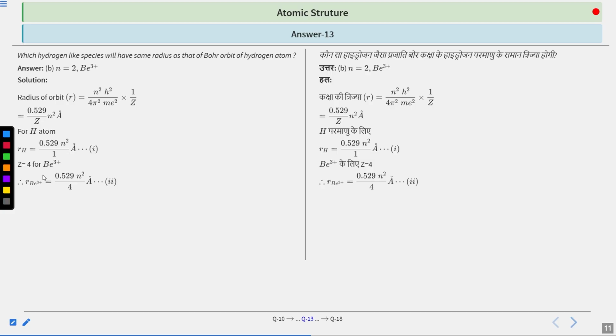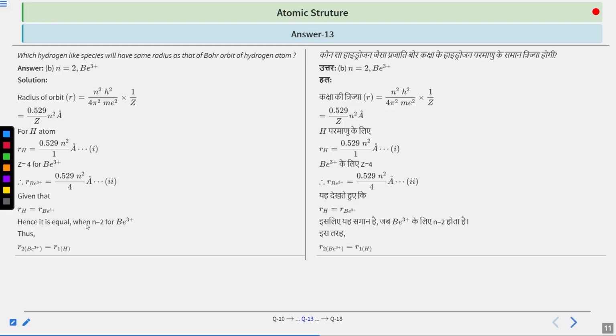Now, if we take Z is equal to 4 for beryllium 3+, then the radius will be 0.529 n square by 4 angstrom, where for beryllium Z is equal to 4, very simple. Now it is given that this radius is the same, so we have to find which radius will be the same.